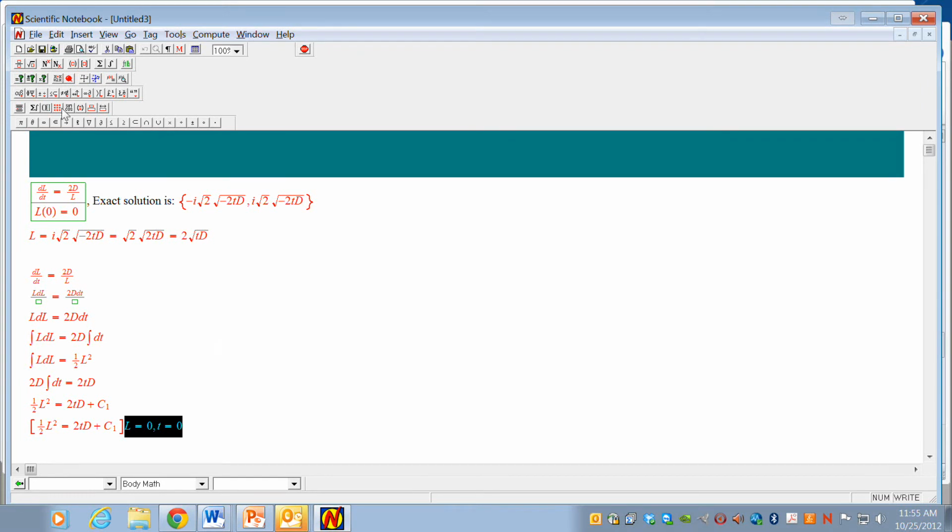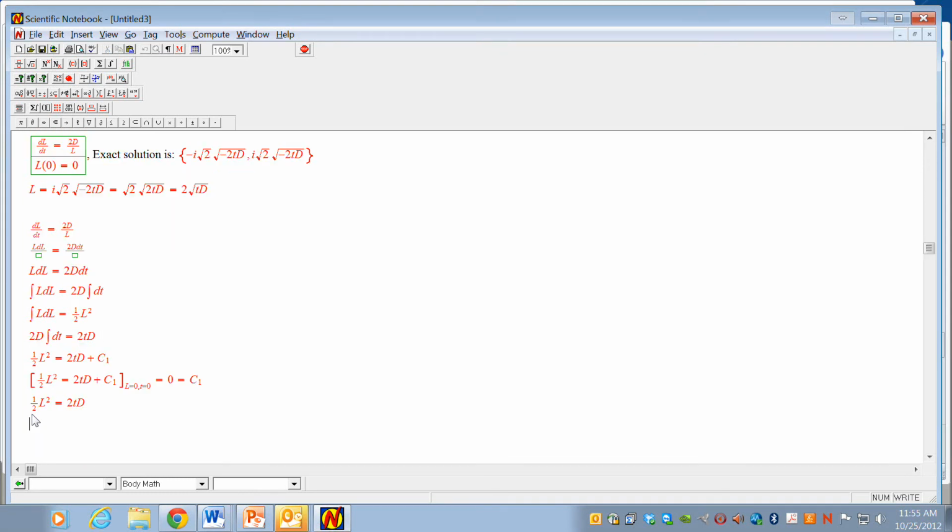We make that into a subscript, and we use evaluate to do the substitution, and it just gives us that C1 equals 0. Okay, so we need to solve for the constant each time. In this case, it just gives us a result that equals 0, so we can get rid of it.